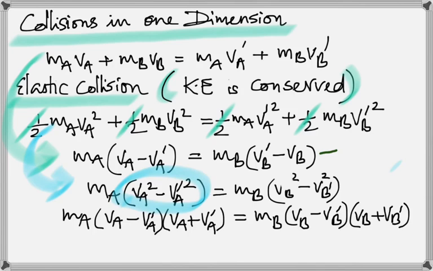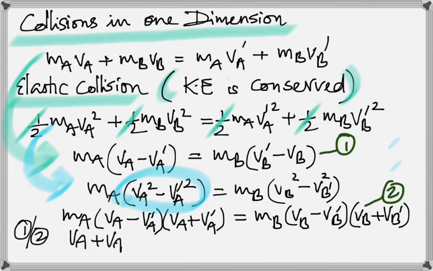And then I'm going to call this equation 1. That's equation 1, and this is equation 2. And I'm going to divide 1 by 2. Your questions should wait up to the end. If you divide 1 by 2, do you see that some of the terms will get cancelled? What terms? What's going to happen to the MA?